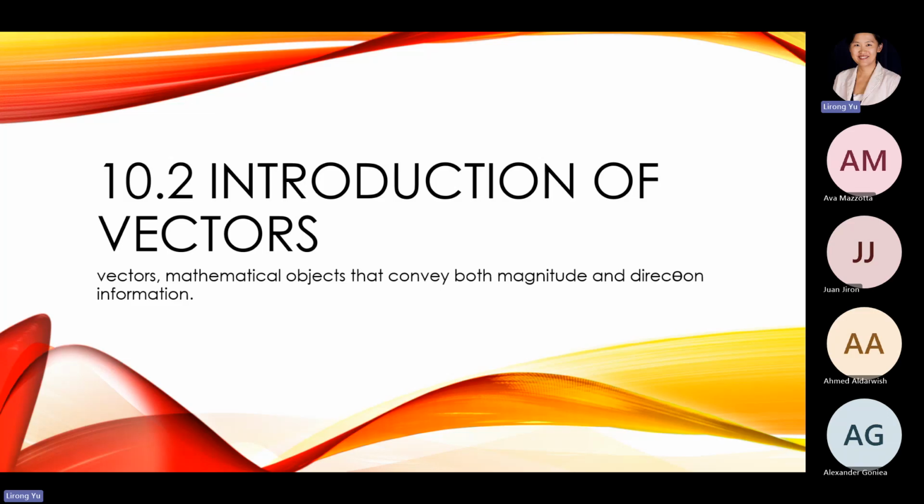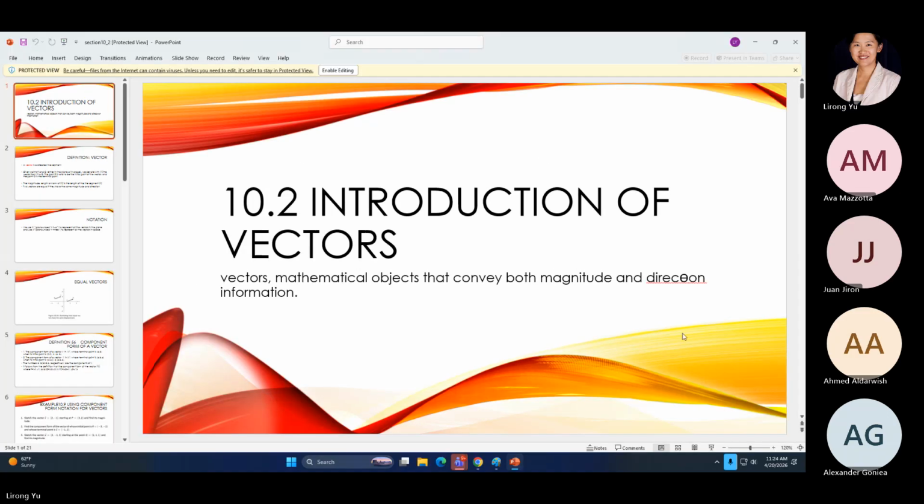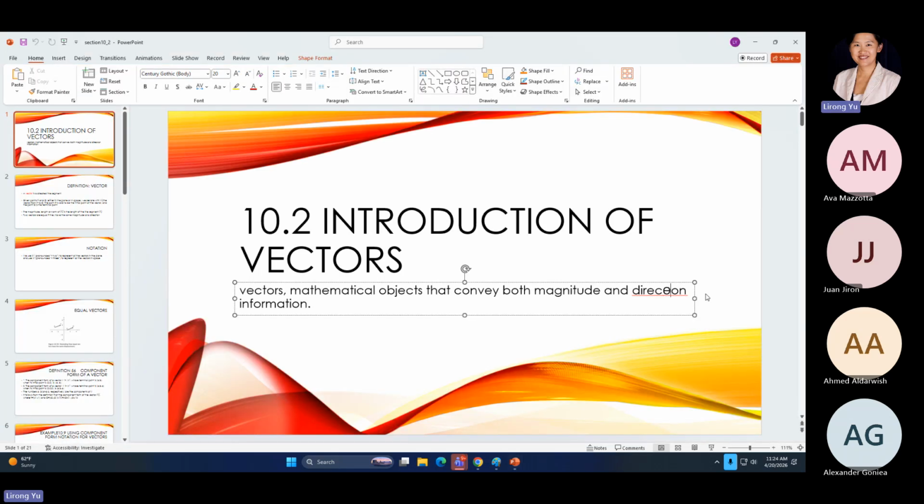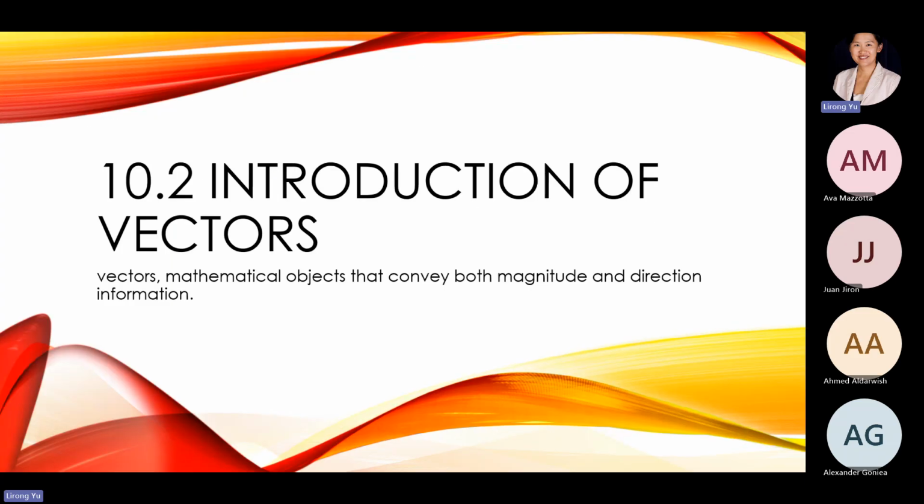In mathematics, we normally study numbers. Also there's the word direction. Somehow we change it to a theta. Right, so a vector is a mathematical object that conveys both magnitude and direction information.